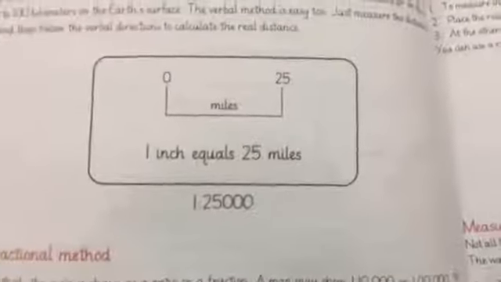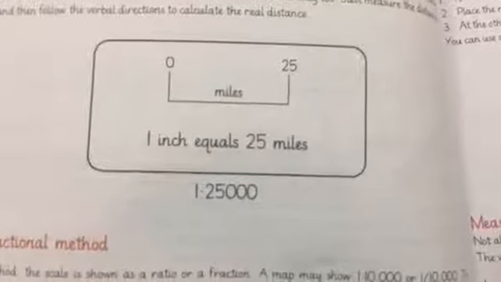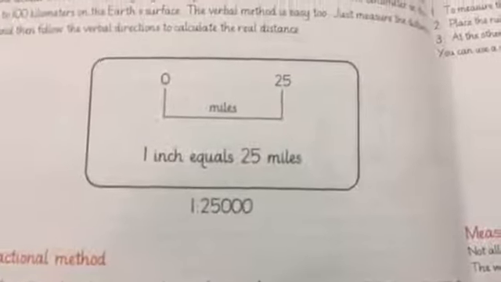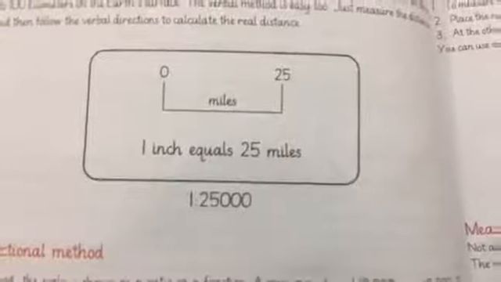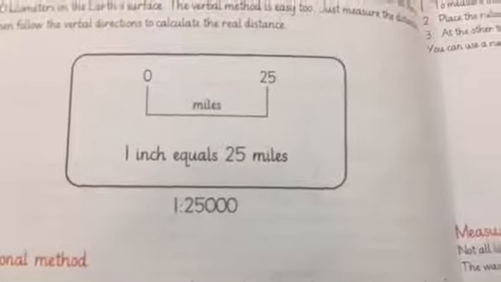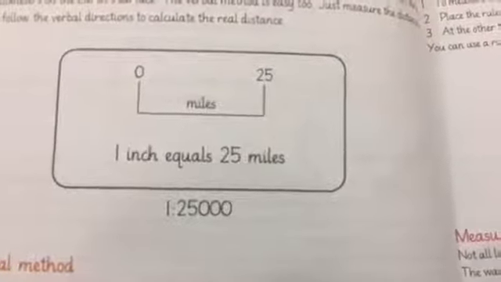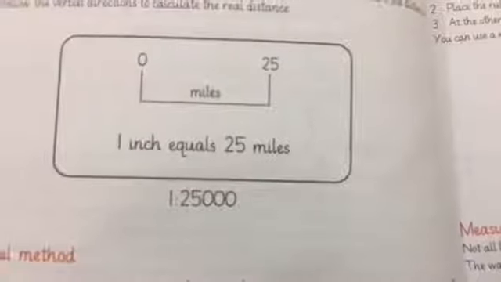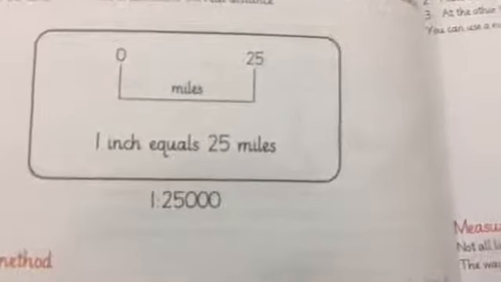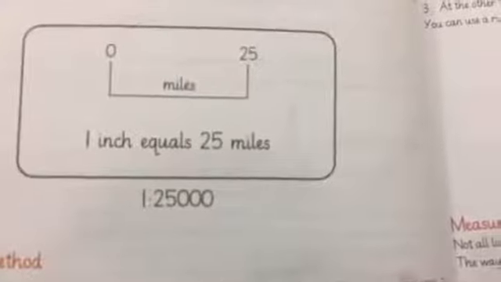If the road, or any area, is 2 inches, it means it is 50 miles. If it is 3 inches, it means 75 miles. If the line is 4 inches, that object is 100 miles in real life.